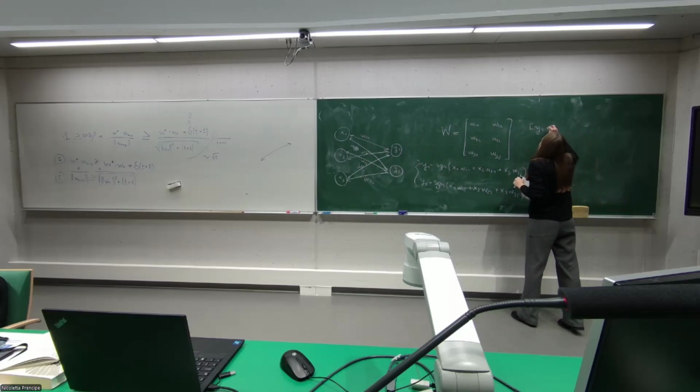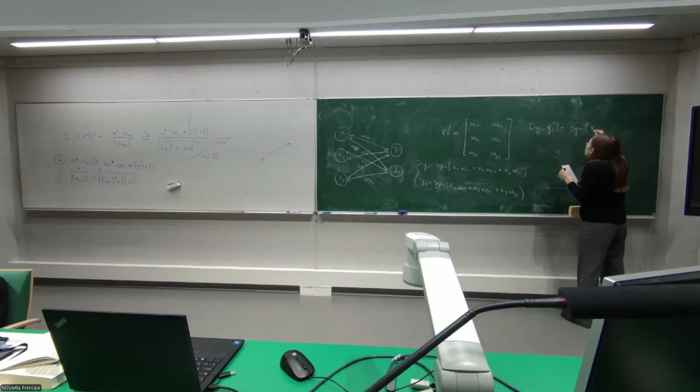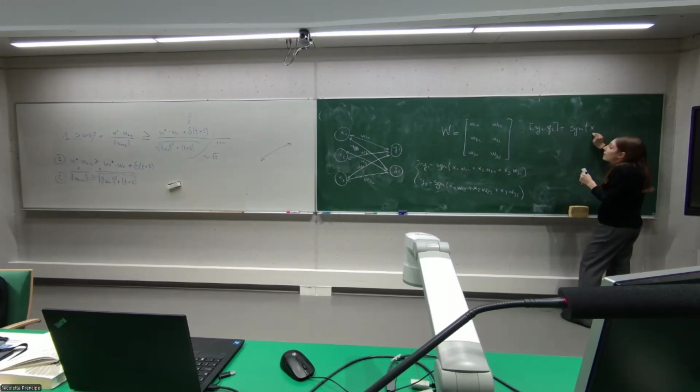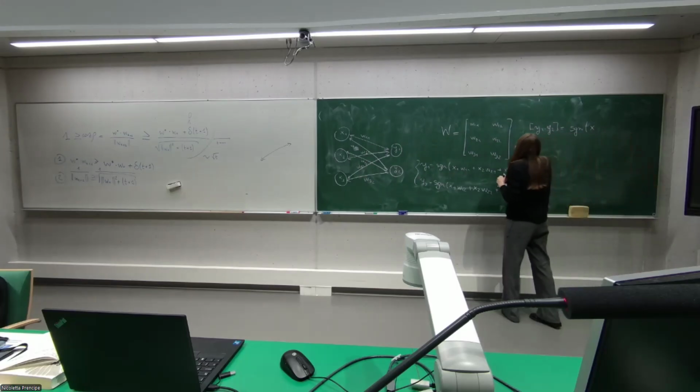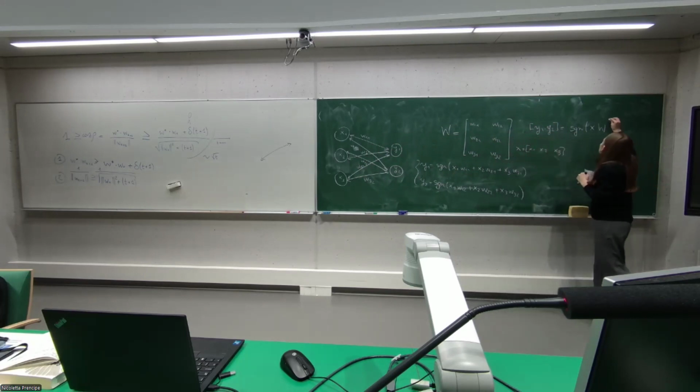So y1 and y2 is the sign of the vector x times W.